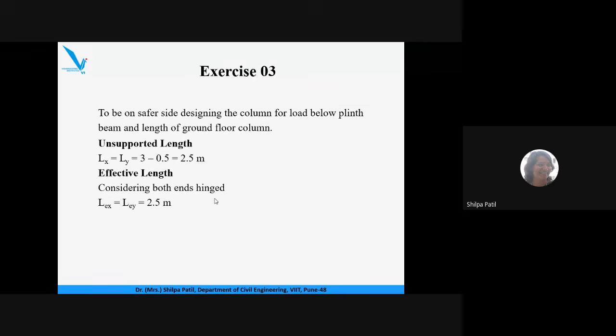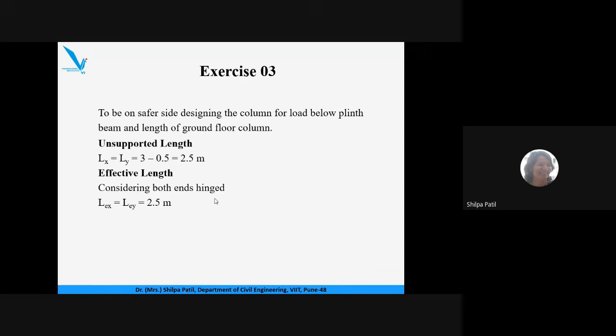Both ends are fixed. But again, I'm making my design conservative, because if I consider both ends fixed, my effective length in that case will be 0.65 L. My length is getting reduced, and if my length is reduced, my slenderness ratio will be less.